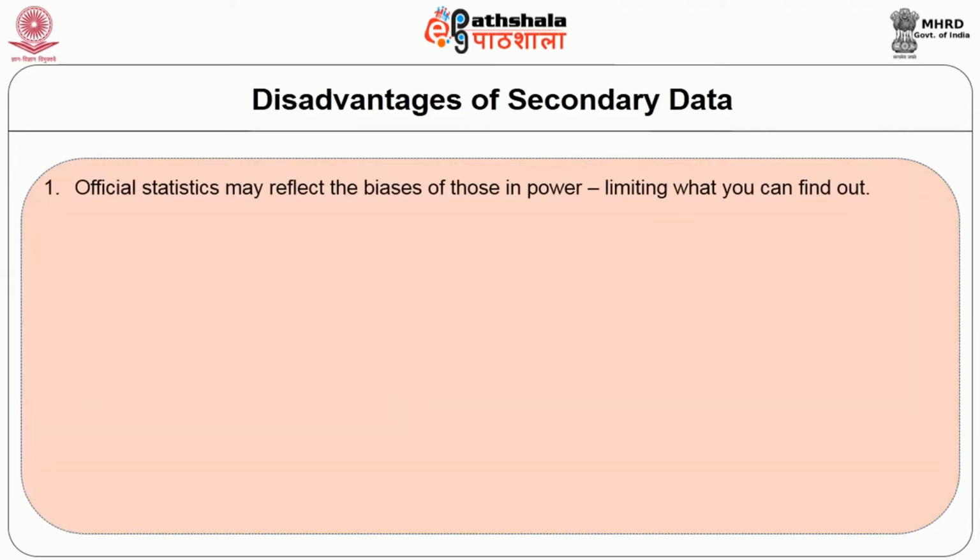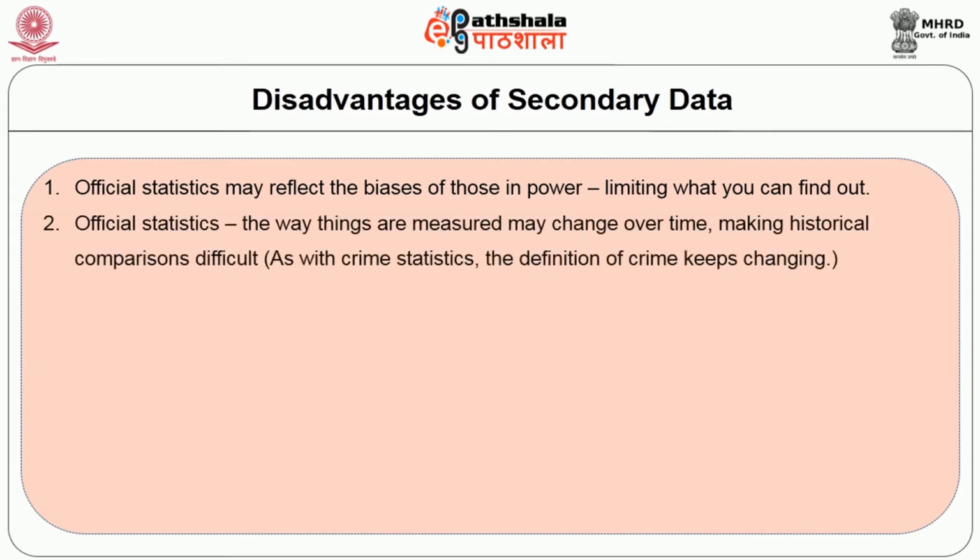Disadvantages of secondary data. The disadvantages of secondary data include: 1. Official statistics may reflect the biases of those in power, limiting what you can find out. 2.